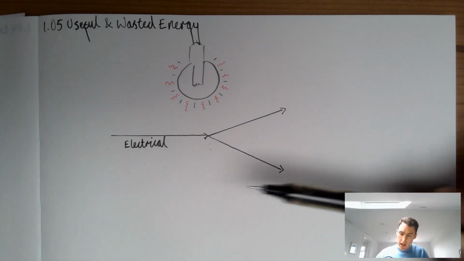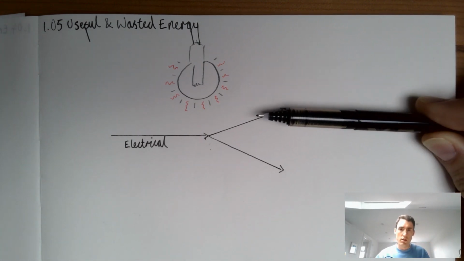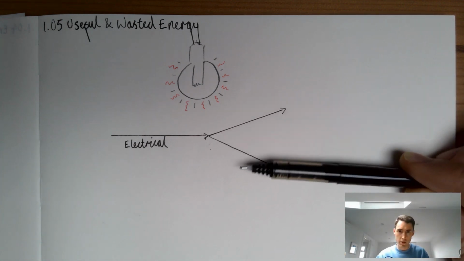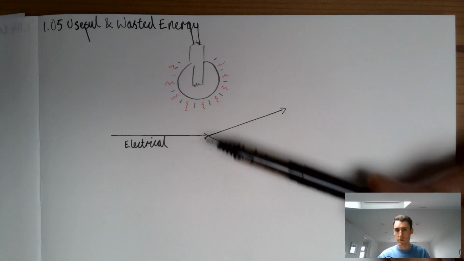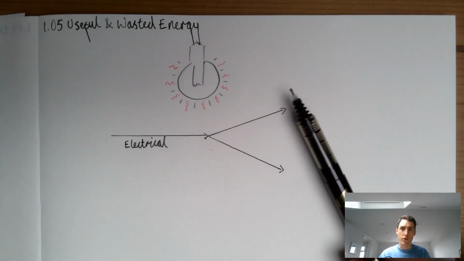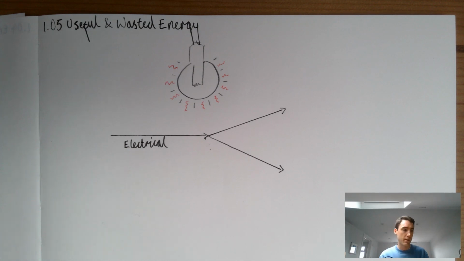Now, I always try and put the useful energy transfer at the top, and the wasted energy at the bottom, or if there's more than one wasted energy, kind of going down. That's really useful when they're doing calculations around efficiency or even conservation of energy, because it just gets them thinking about it in a habitual way.